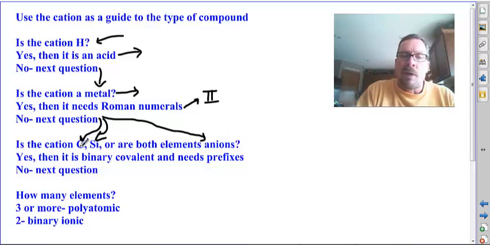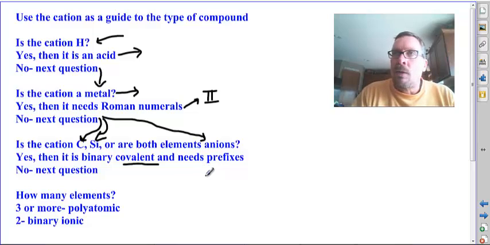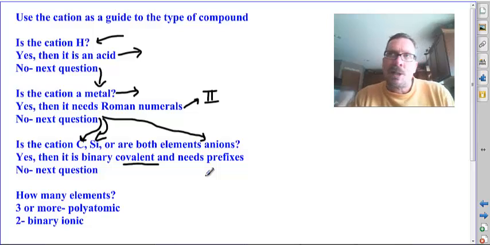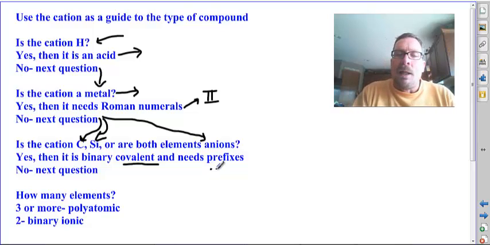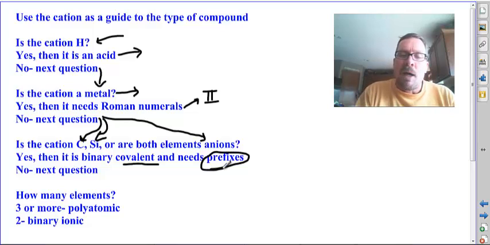So then if that first element is carbon, silicon, or an anion, and I notice that I have two anions together, then I know it's one of those binary molecular compounds, in which case I write it just like I do a binary ionic with the first element, second element IDE ending, and then I put in my numerical prefixes. I do not have to use mono on the first element, but I have to use every other prefix for first element, second element, along.